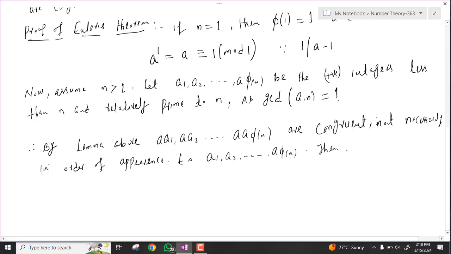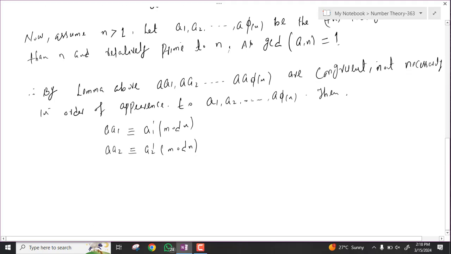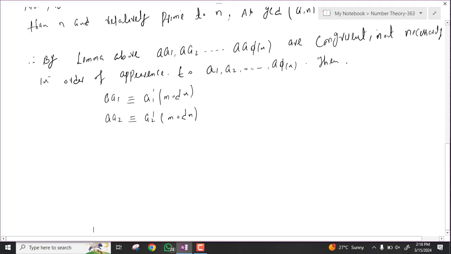Then we will write AA1 is congruent to A1 dash modulo n, AA2 is congruent to A2 dash modulo n, and so on.